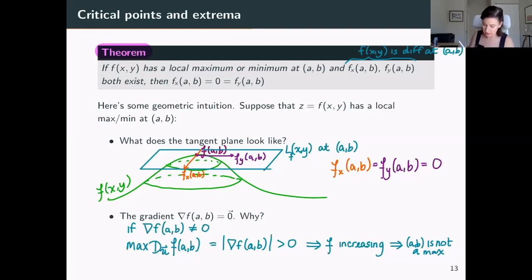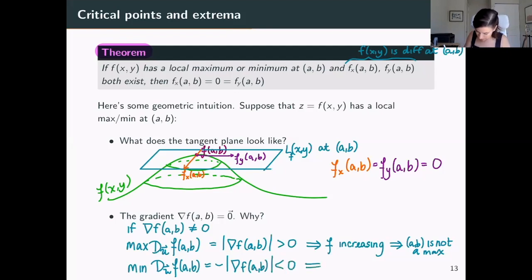On the other hand, we know that the min of the directional derivative of f is going to be equal to the negative of the magnitude of the gradient of f at (a, b), which in the same way should be less than 0. So this would mean that our function f is going to be decreasing, and so in the same way we would have that the point (a, b) is not a min.